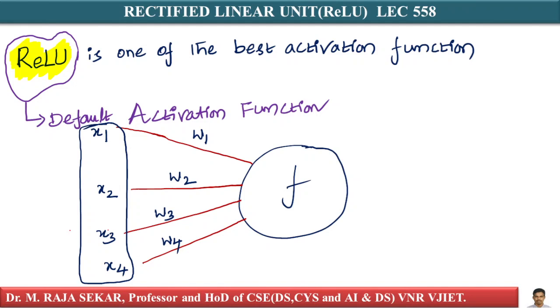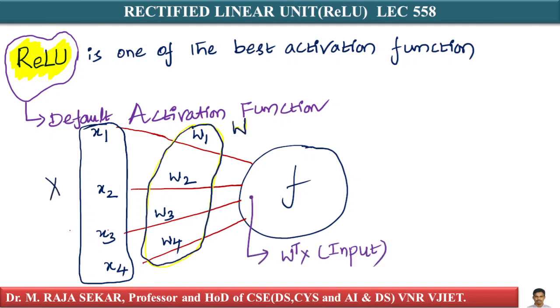The input that I get here is w transpose x, where x is a vector, and in a similar manner this w is also a vector for this f.